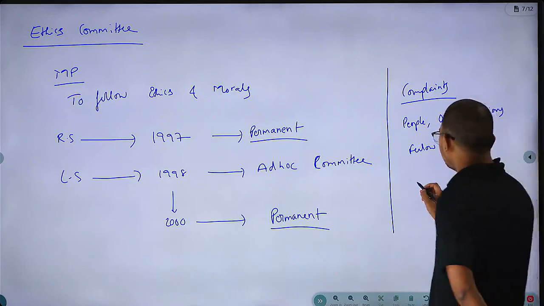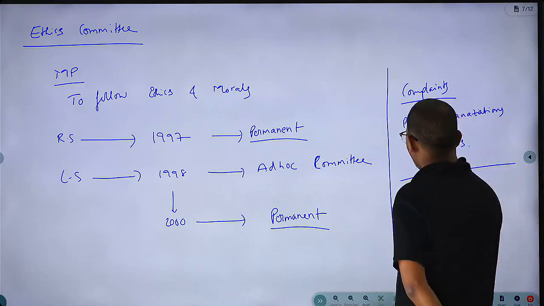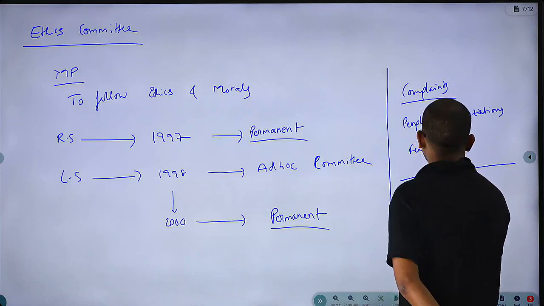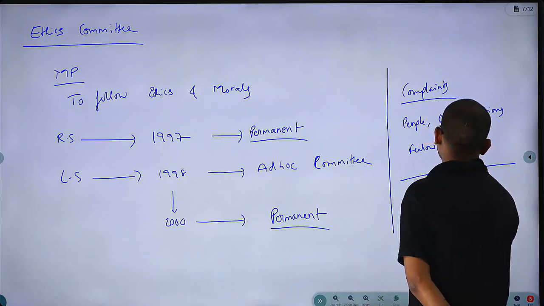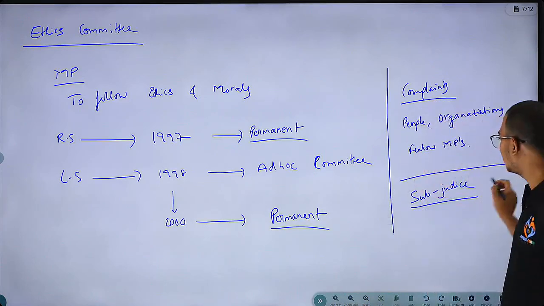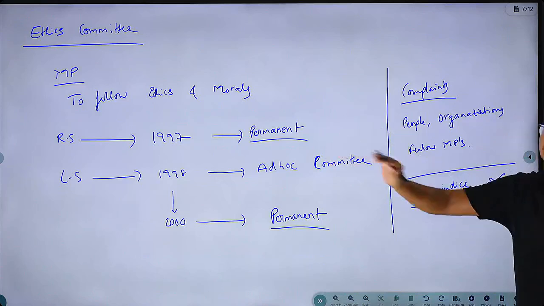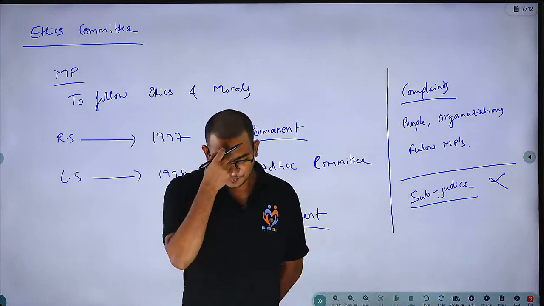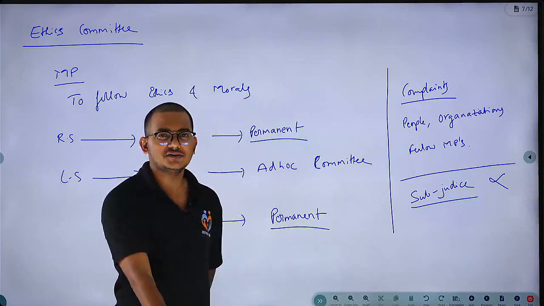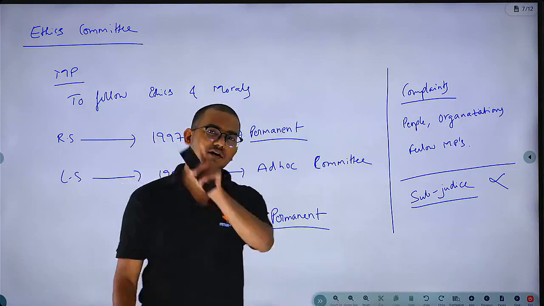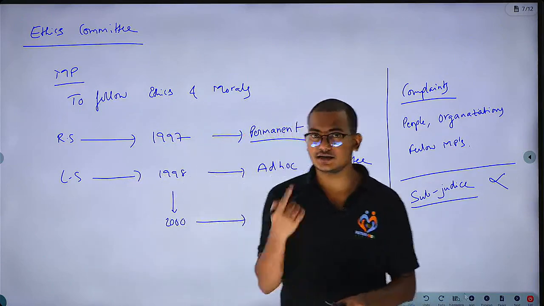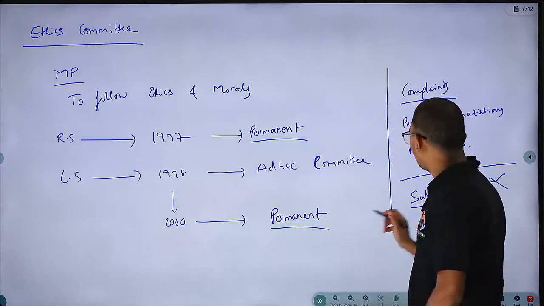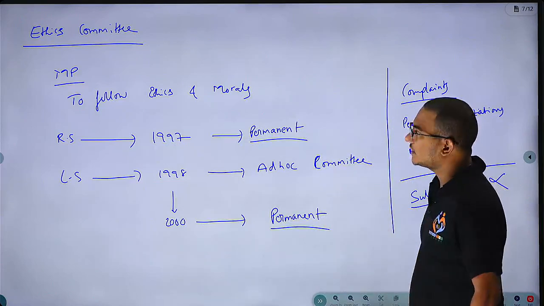But it will not handle sub judice cases, which means the cases which are already in the courts. These committees will not handle those kinds of things, because parliament will not interfere in the judiciary process, and judiciary will not interfere in the parliament process. I have explained that in my classes. So here they won't take sub judice cases.